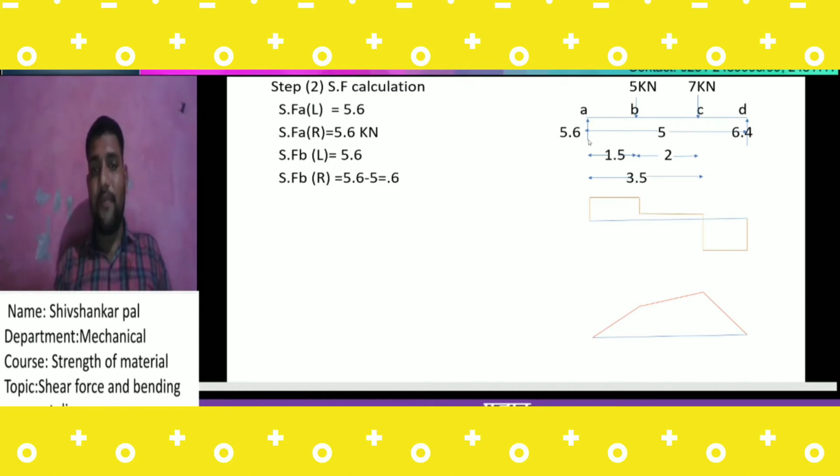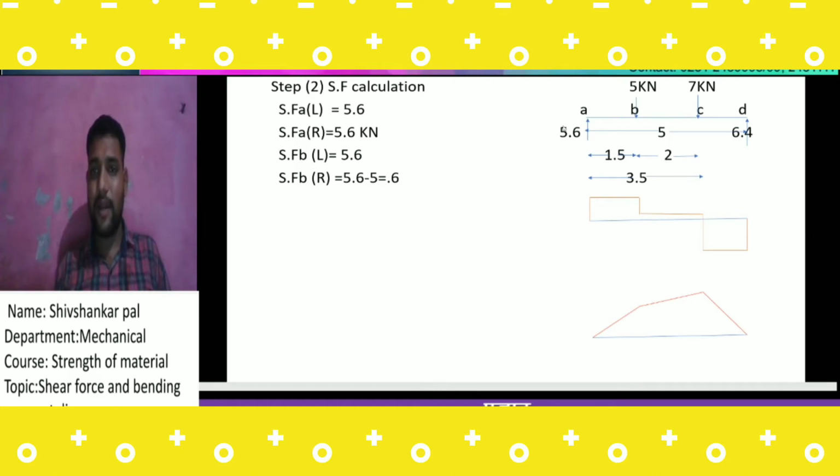Imagine from the previous session, Ra is equal to 5.6 and Rb is equal to 6.4. Here I am naming the points A, B, C and D. Sorry for such kind of wording. Here is A, here is B, and Rb means Ry is equal to 6.4, and Rx is equal to 5.6, with 1.5 meter and 2 meter.